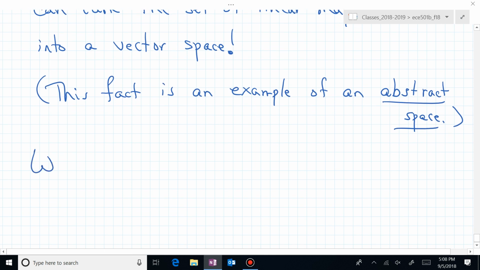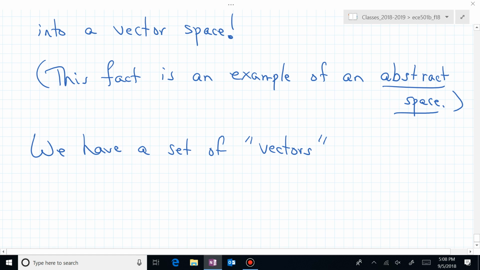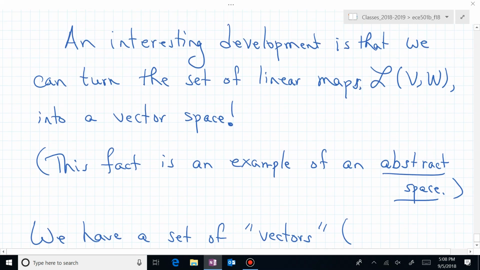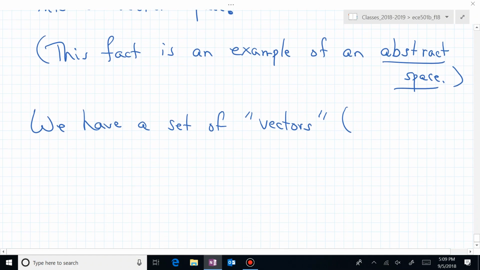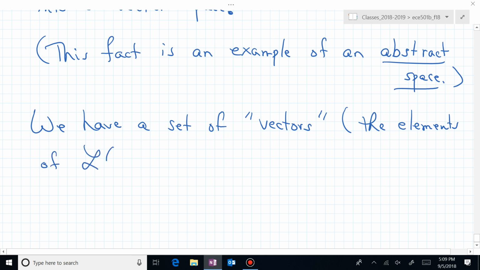So now we have a set of vectors. What are the vectors? Those are these linear maps, aren't they? So now we have a set of vectors, the elements of L of V W, and what do we need?